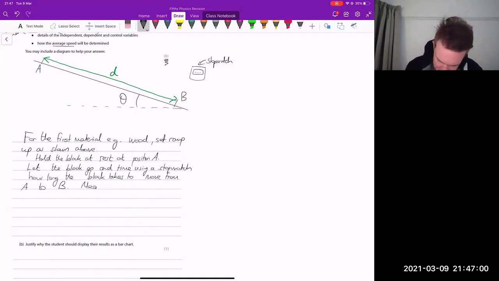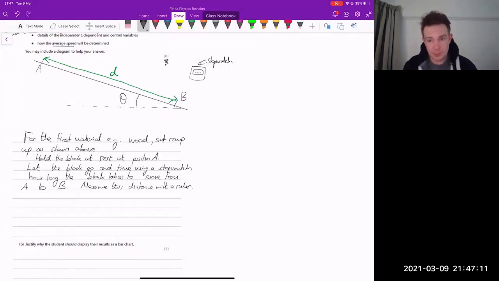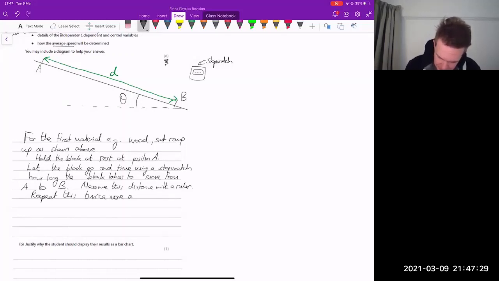Measure this distance with a ruler. So what do I measure the distance with? A ruler. Then what you want to do is repeat this twice more and find the average time.